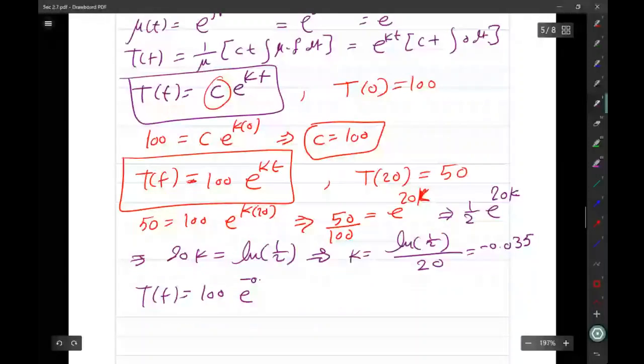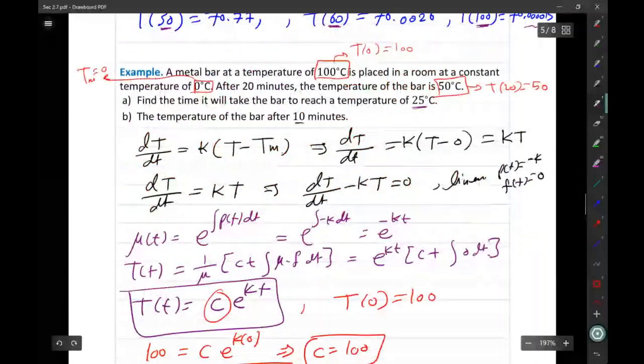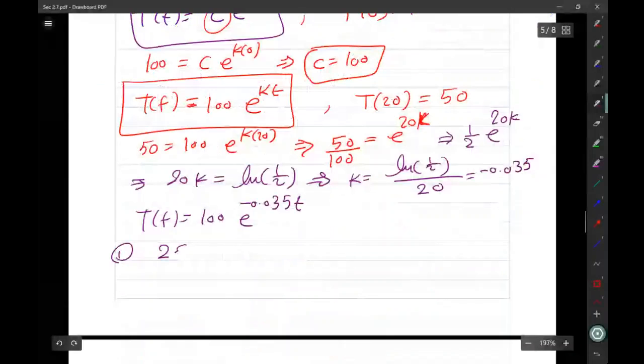Now the first part of the question says find the time when it will reach 25. So I need the time t such that 25 is equal to 100 e to the power -0.035 t, which means that 25 divided by 100 is equal to e to the power -0.035 t.